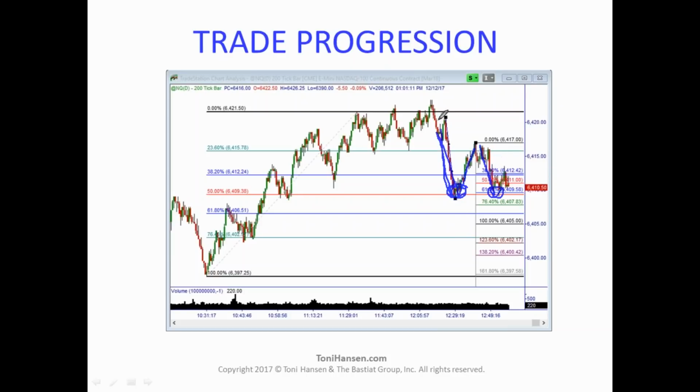So when you're expecting a two-wave move, like up here, since you have a two-wave move within this original impulse move, if you're looking at the continuation, then it's reasonable to expect that that's a good level where you might see a pause before you get another continuation. So this screenshot is where I would have added on to the position if I had taken anything off at an earlier level, or maybe if you were late and wanted to get into a newer scalp.